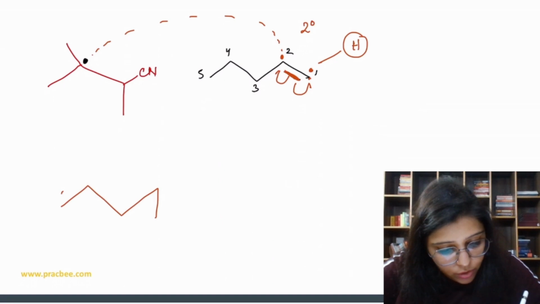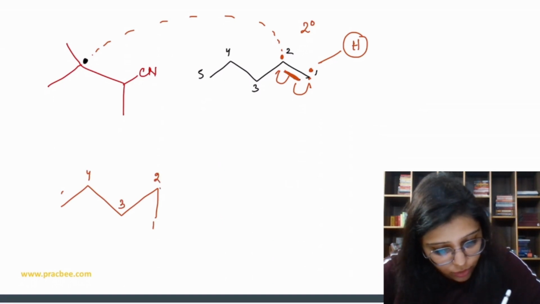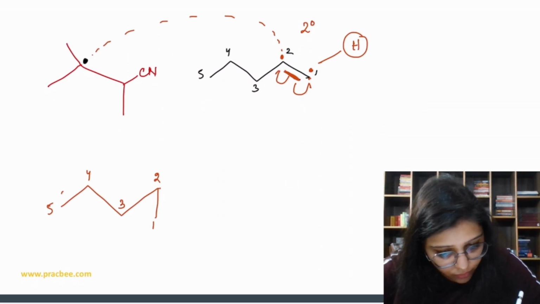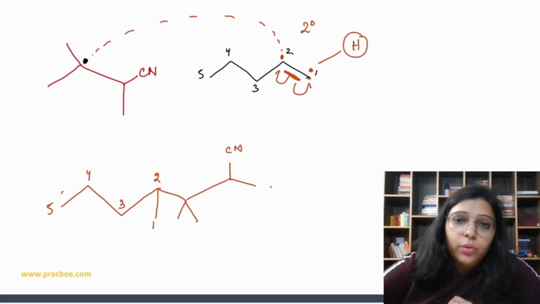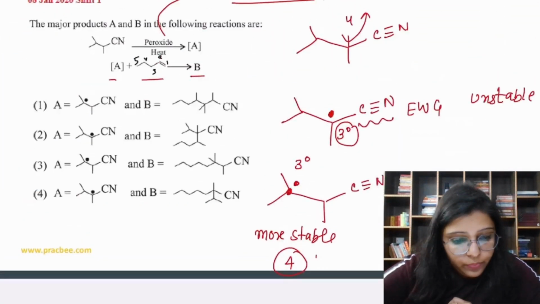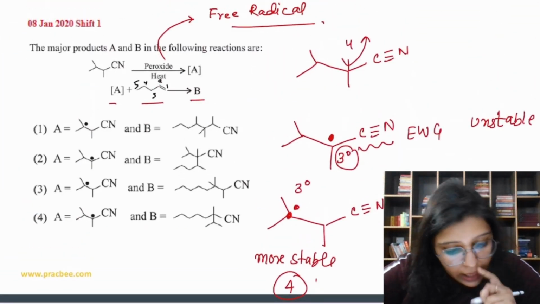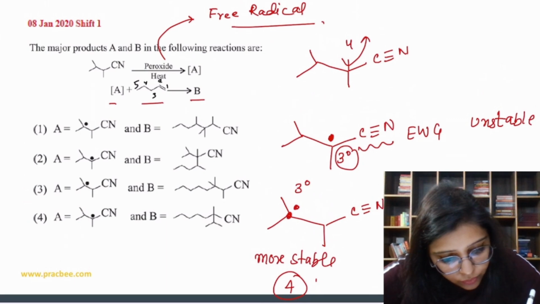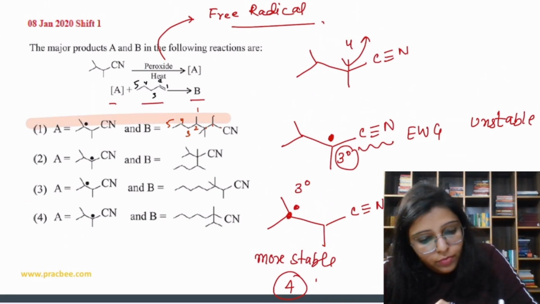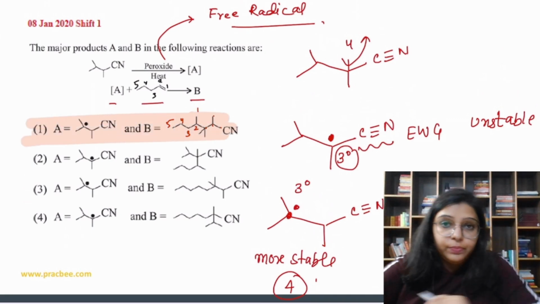Now on the second position, this is number 2, this is number 1, this is number 3, this is number 4, this is number 5. We have joined this. This is bonded to a methyl group. Then we have this here, CN, and this. Okay, so let's see, 1, 2, 3, 4, 5. Then this. Okay, fine. Option 1 is going to be the correct answer. Clear?